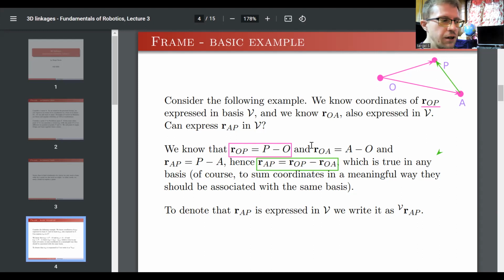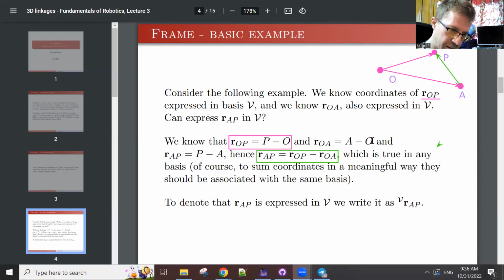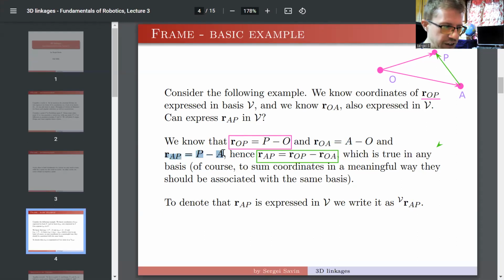You say, okay, what is each vector? Like R sub OP is P minus O, so a difference between those 2 points. What is this vector? It is this. Now, you want to find this. You can come up with a way to manipulate those two to get it, and eventually you get this expression.